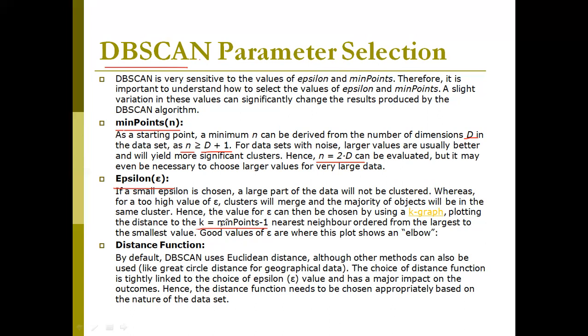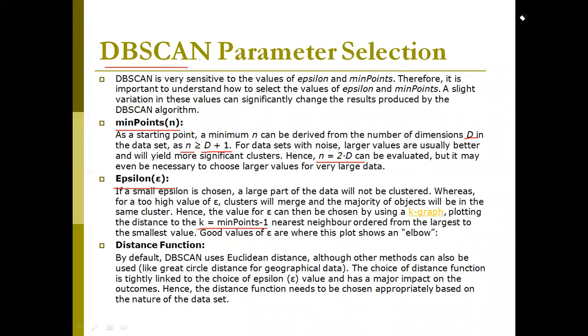This k is derived from the minimum points. Already we have defined some minimum points, right? Assume the minimum points are 6. So 6 minus 1, how much? Obviously it is 5. Like that, you should take the k value, and that would be used to determine the epsilon value.